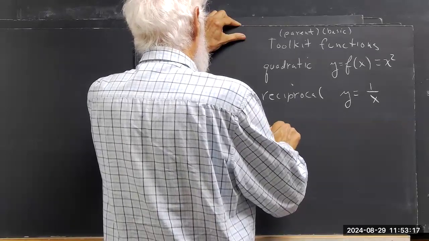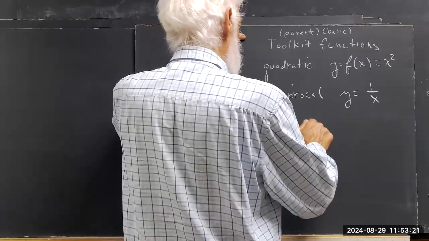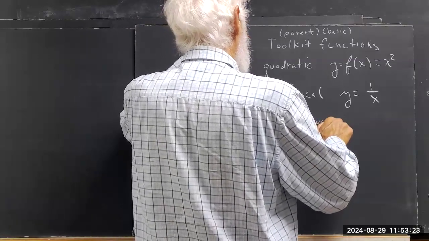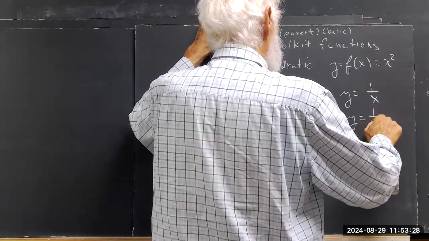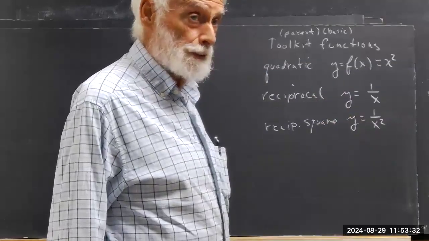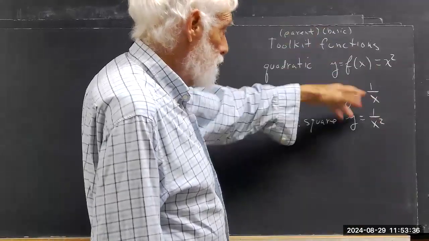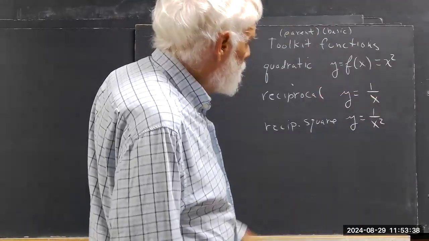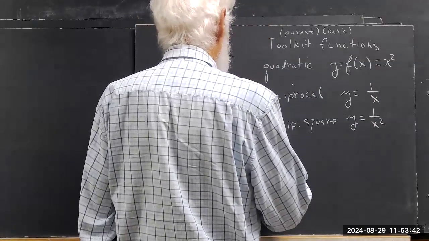So we do reciprocal square, abbreviating reciprocal. And that's just like the reciprocal, except for squaring the x. You can have a reciprocal cube and a reciprocal fourth power and stuff like that. But these functions are enough to get you started.